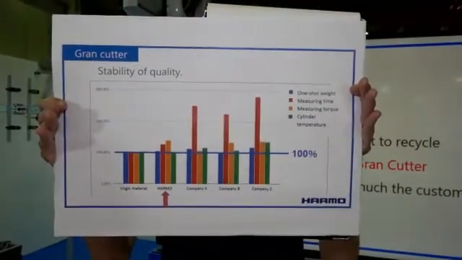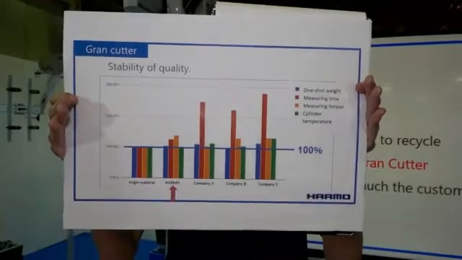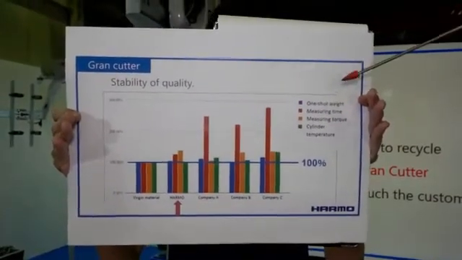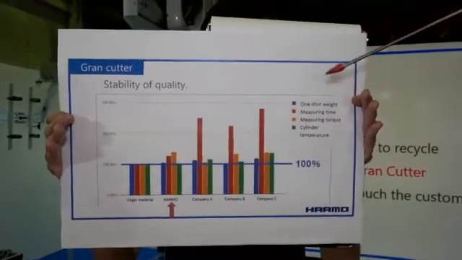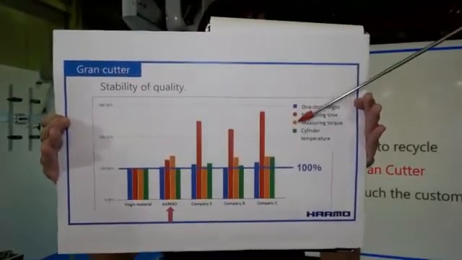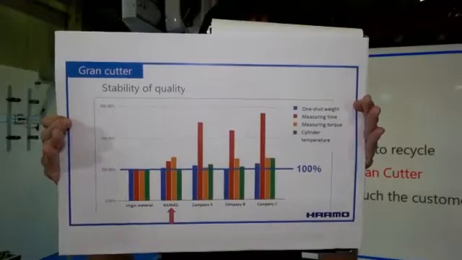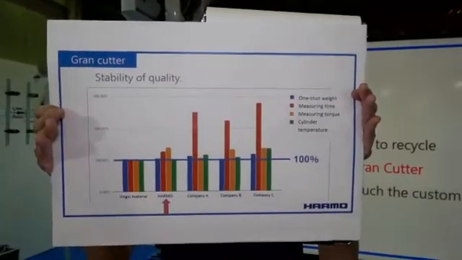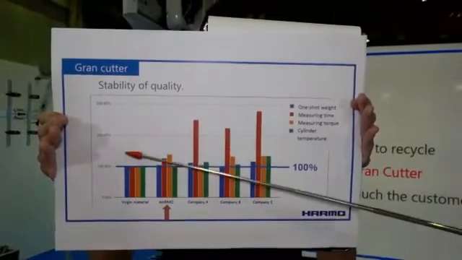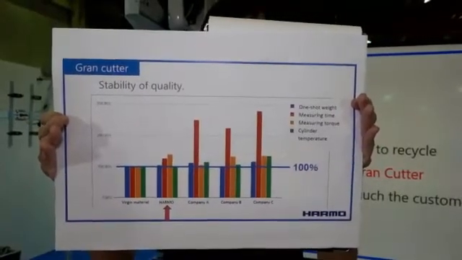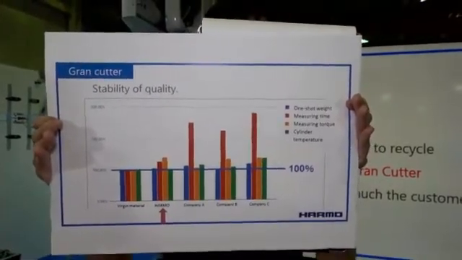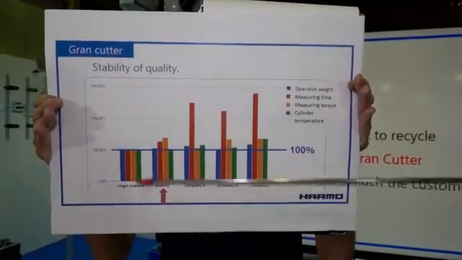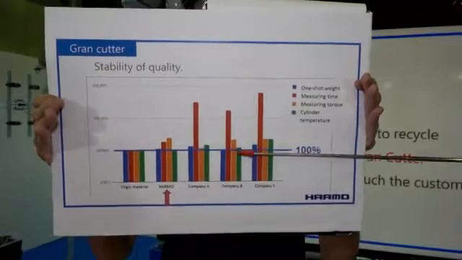And the next flip chart shows there are variations in four perspectives: one-shot weight, measuring time, measuring torque, and cylinder temperature. If we think of virgin material as 100%, you can see there are variations between the four manufacturers. However, HARMO is quite close to virgin material.